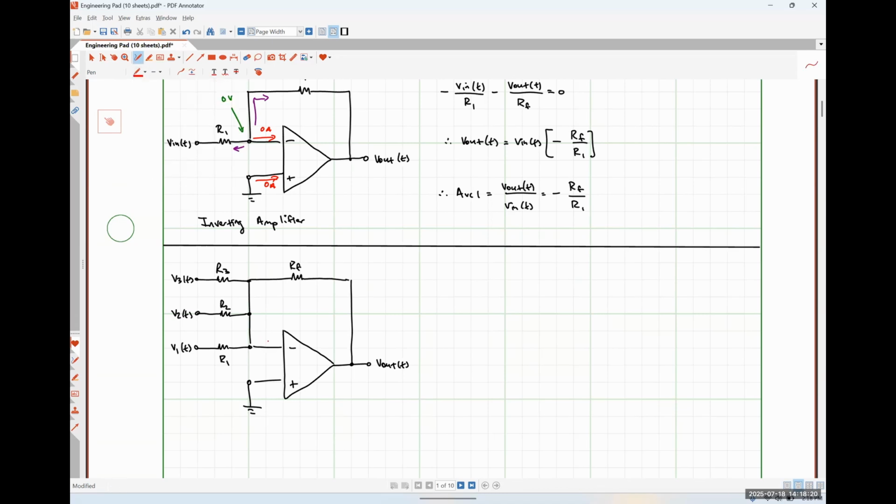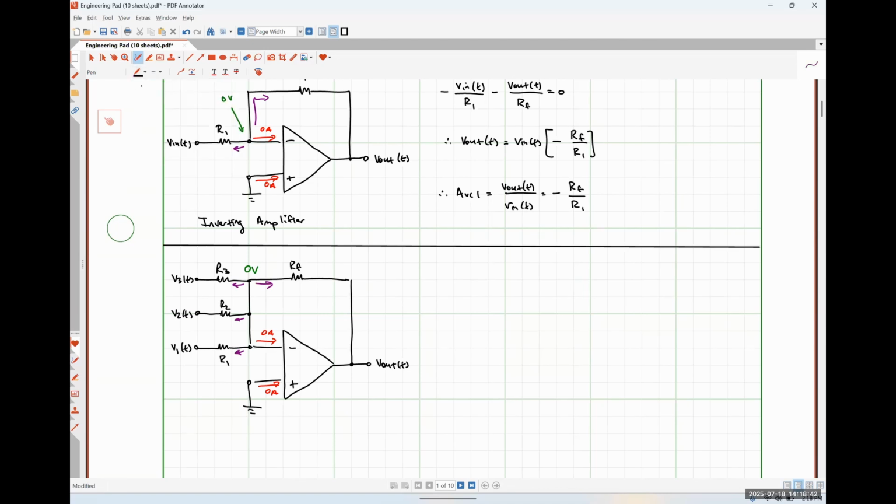If we analyze this circuit, we can see that the voltage here is 0 volts, and we're going to simply add the currents that are leaving this node. So this is our KCL at the inverting input node.